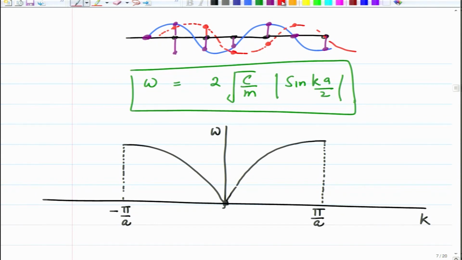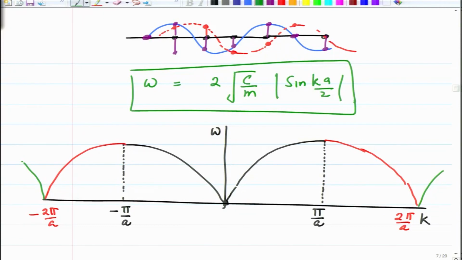And if you increase k further, it goes down, again becoming 0 at 2 pi over a and minus 2 pi over a, and if I increase k further, it repeats itself. This is the picture of omega k versus k.